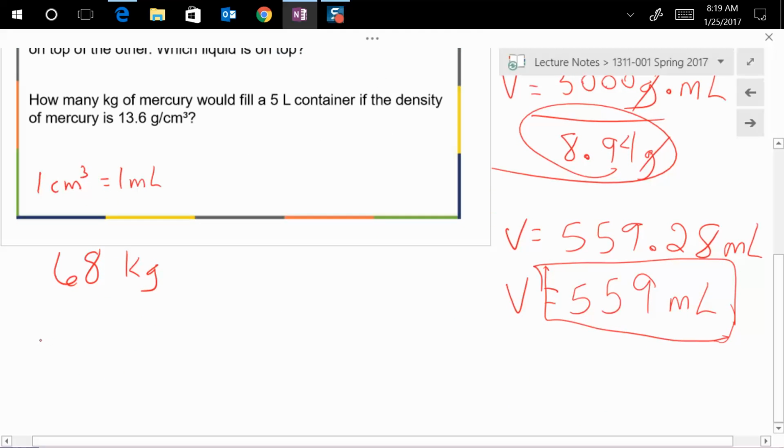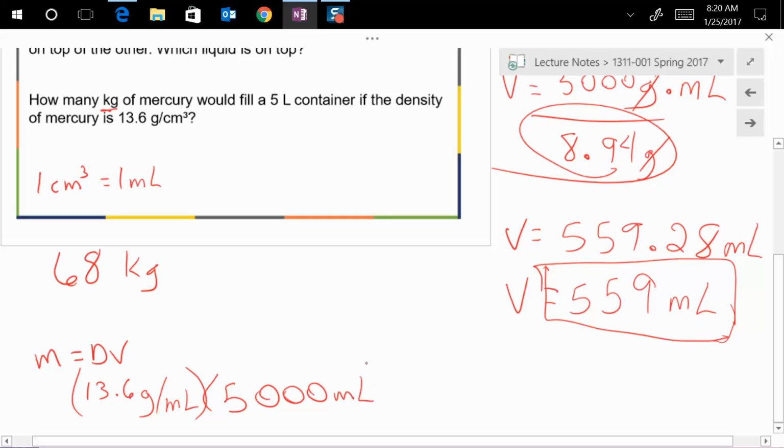So you would have to solve for the mass. Mass equals density times volume. Density is 13.6 grams per milliliter, let's just say, okay? And times 5,000 milliliters, okay?